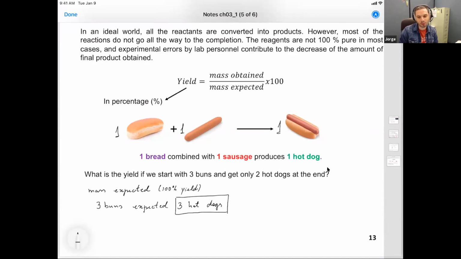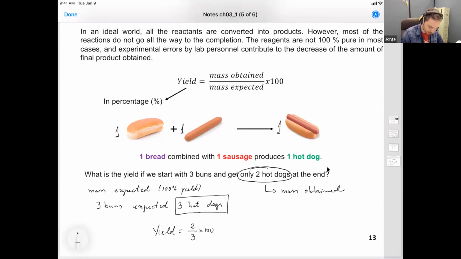However, for some reason, the reaction was capable of producing only 2 hot dogs. And that is the mass obtained. Therefore, the yield for this situation would be the mass obtained, which is 2, divided by what was expected if the reaction proceeded in a perfect way.